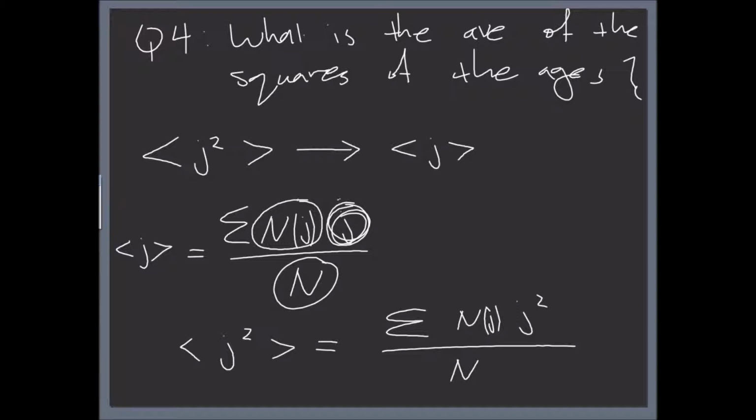Moving forward, look very carefully at this piece here, n of j divided by n, what is that? This is the probability of that age, right? This is p of j. So this is the same as, let me erase this guy.